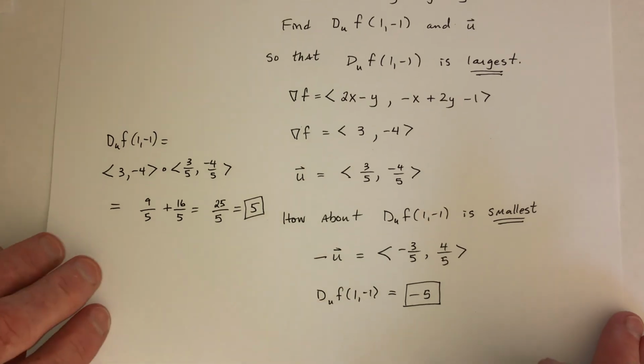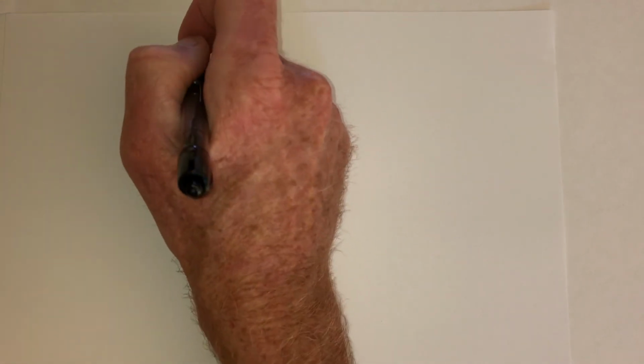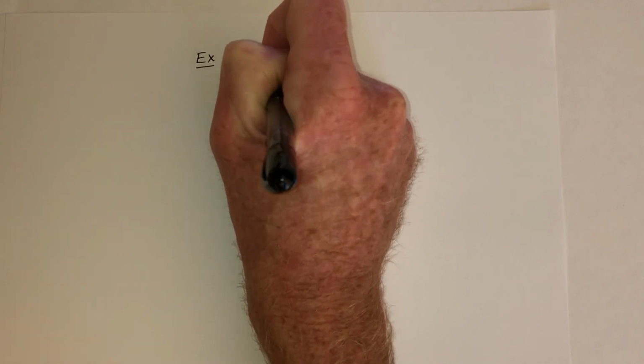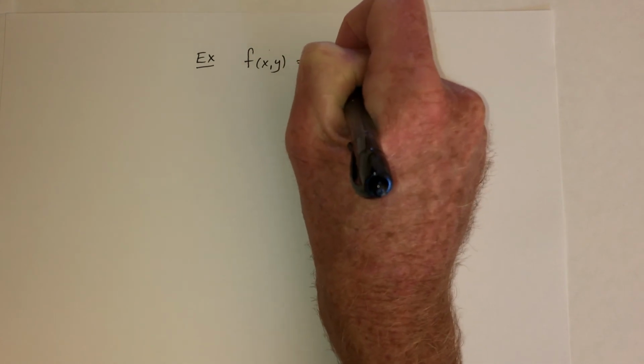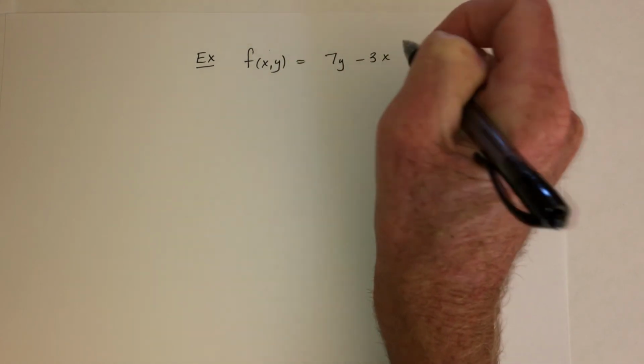Okay, then I need to do just one more example that is like the homework. So now this is like numbers 1, 2, 3, 4. So you've got a nice simple function, 7y minus 3x.